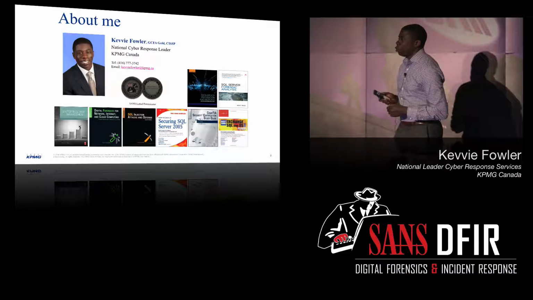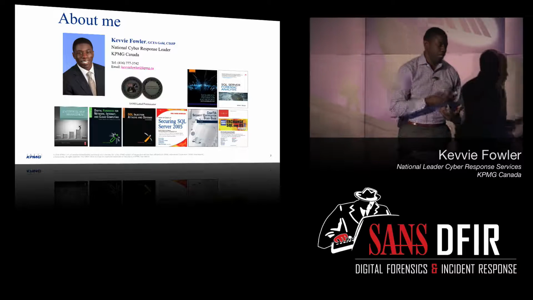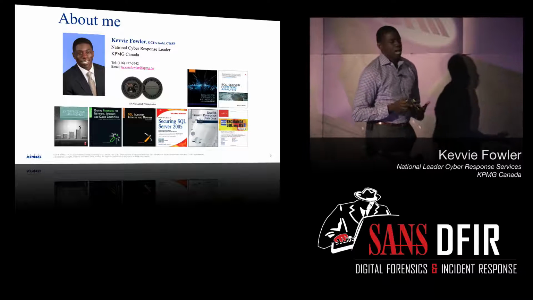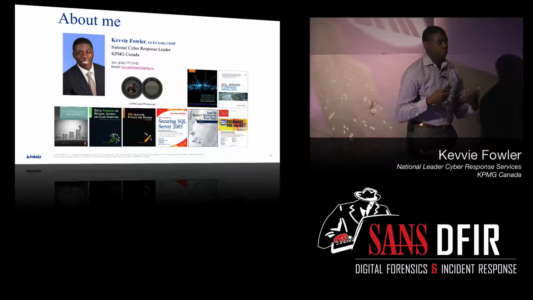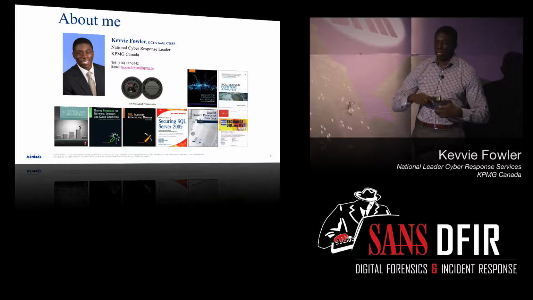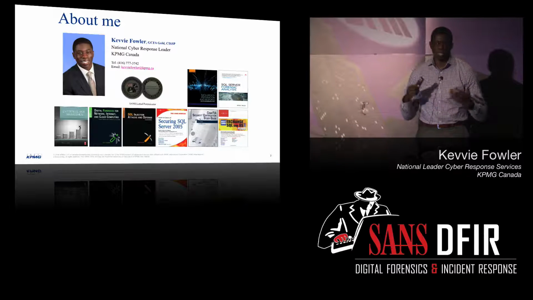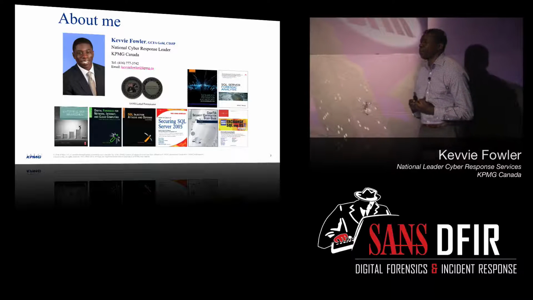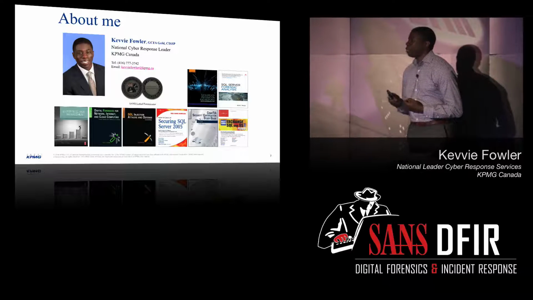I'm the National Cyber Response Leader for KPMG, so I wear two hats, and I'm based out of Canada. The first hat is helping organizations identify what information is important to them and ensure they have the right safeguards in place to protect it. So we deliver services like red teaming, blue teaming, incident response, forensics, governance reviews, etc. Then when a suspected intrusion actually happens, the second hat is reactive.